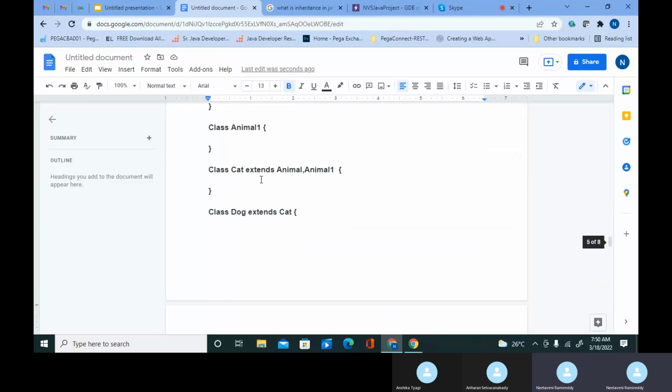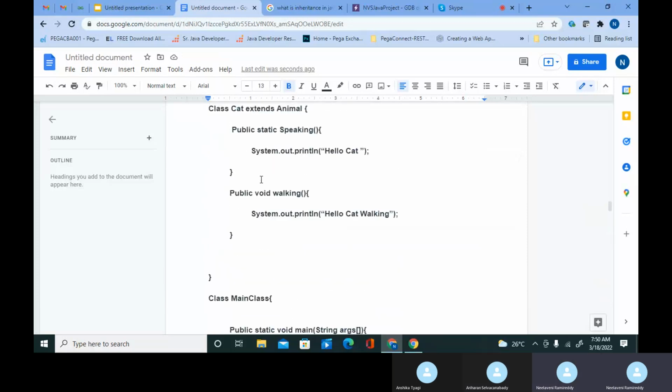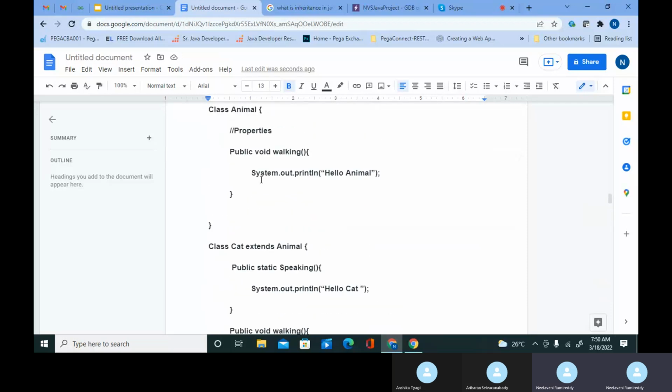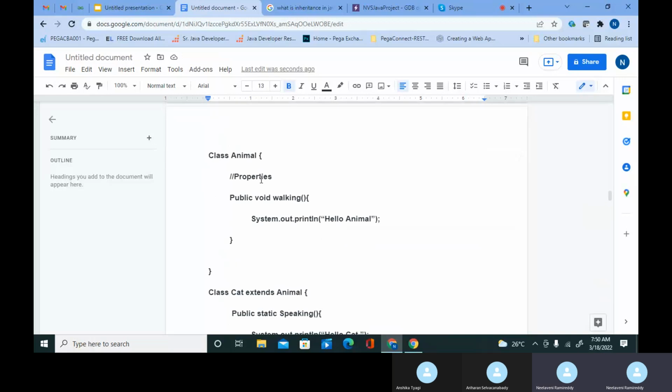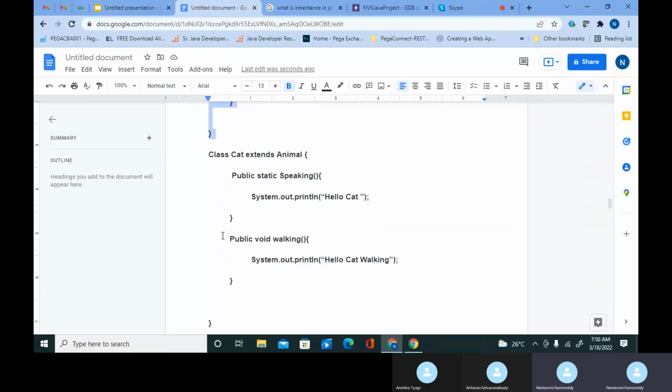And observe one thing here: a polymorphism concept is also included. Did anyone observe that? Here we have an animal, and we override the walking method in the extended child class.